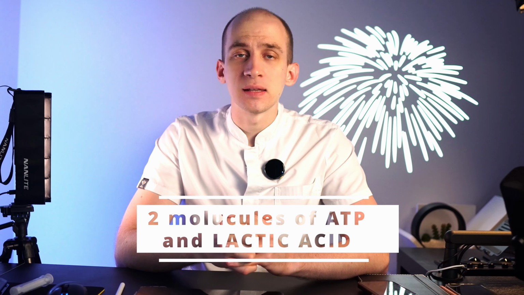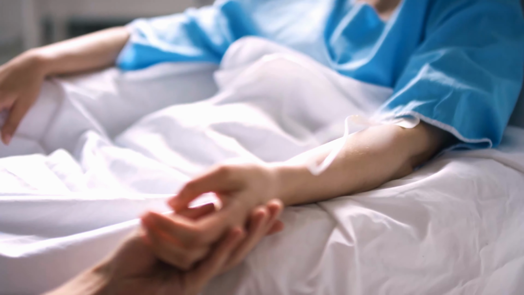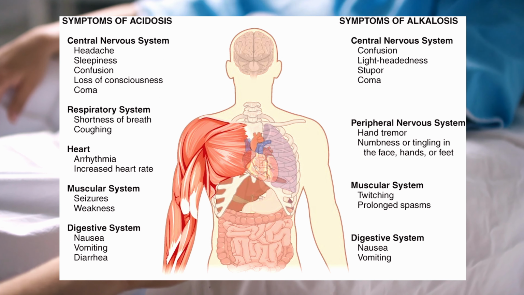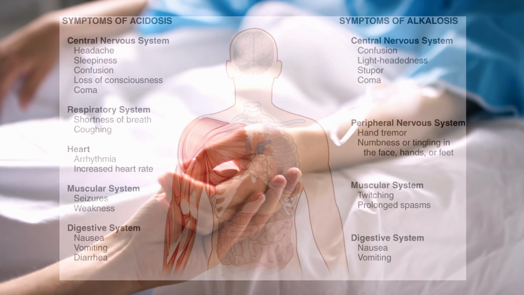If there is no oxygen, glycolysis will follow through anaerobic glycolysis, and there will be only 2 molecules of ATP and lactic acid. It makes the pH lower, it acidifies our body. All of our metabolic processes become bad.